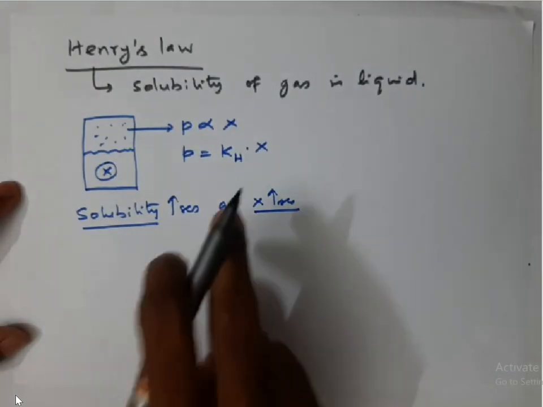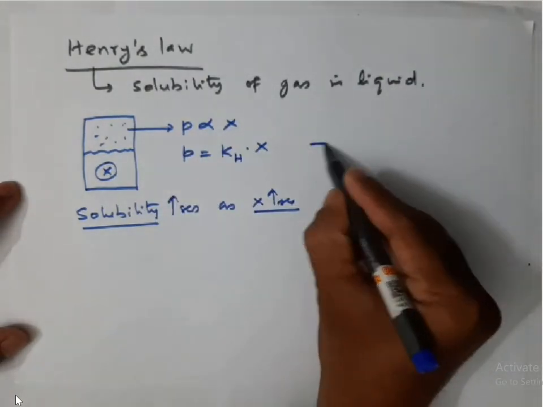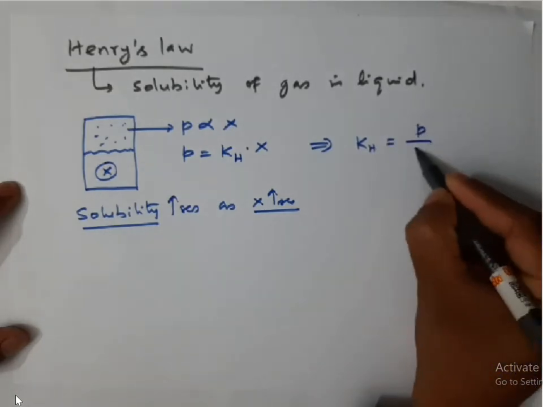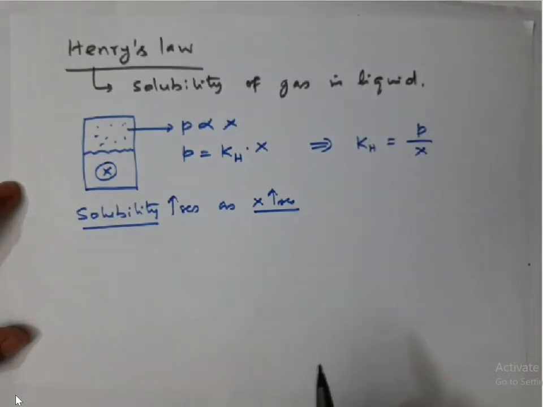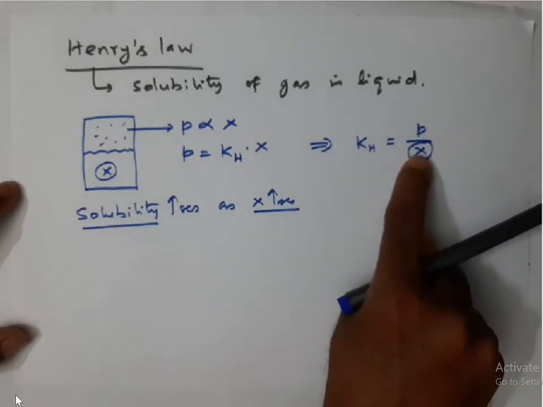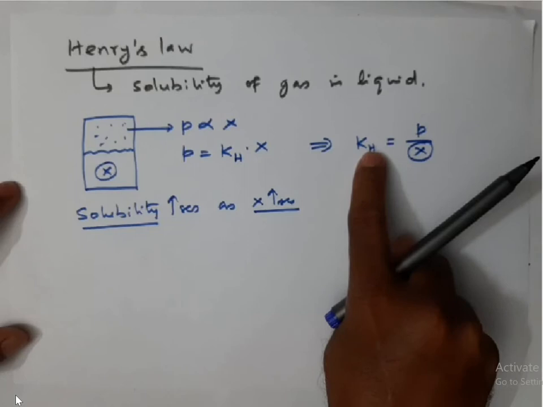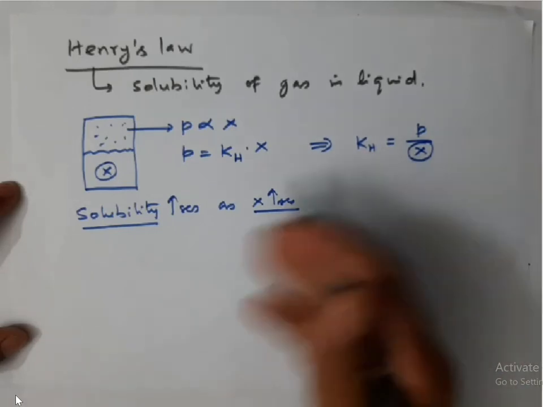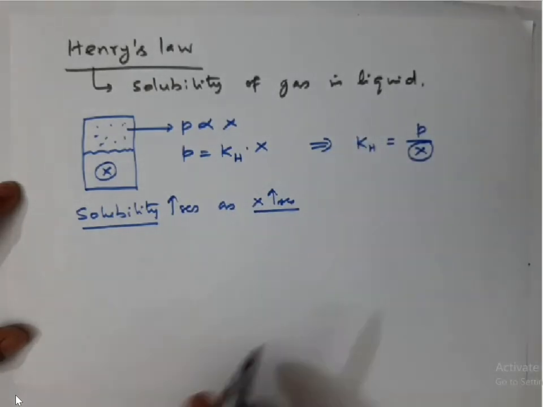Or if I rearrange this, I can write Henry's law constant KH as P by X. So if solubility increases, that is, if mole fraction increases, KH value will decrease. I have told you in the last class, lower the value of KH, higher is the solubility of the gas in the liquid phase.